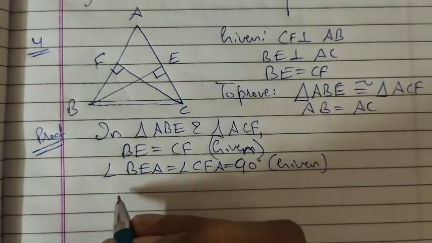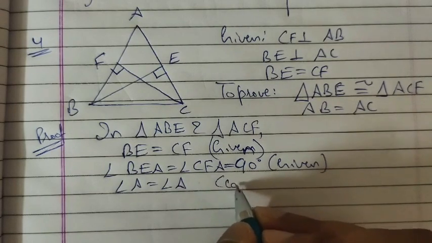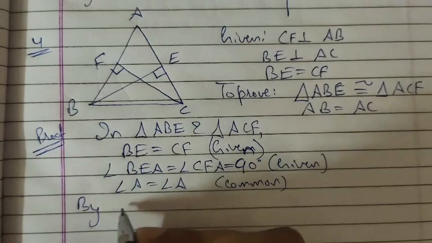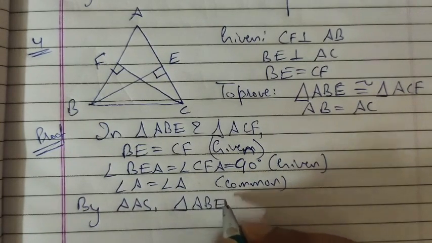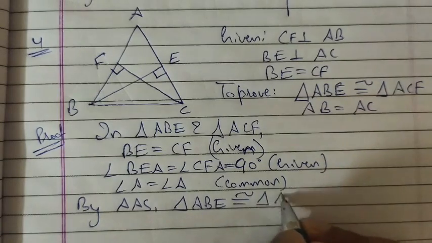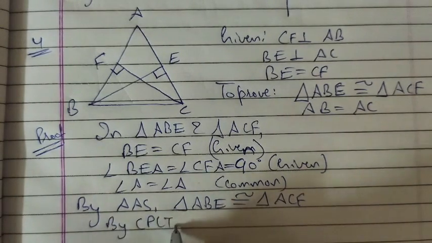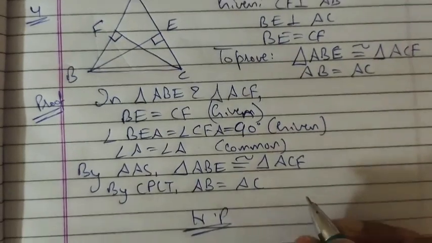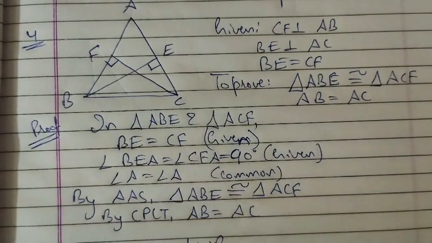And angle A is equal to angle A, common. So again by AAS, triangle ABE is congruent to triangle ACF. So by CPCT, AB is equal to AC, hence proved. This is question number 4.